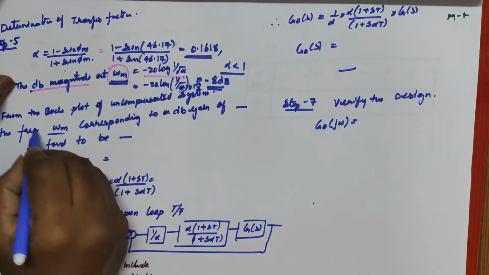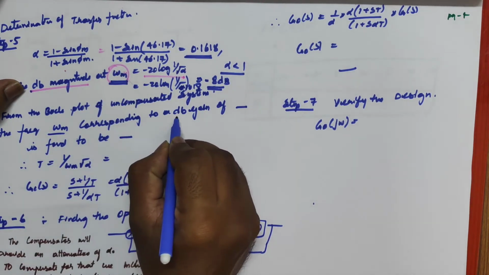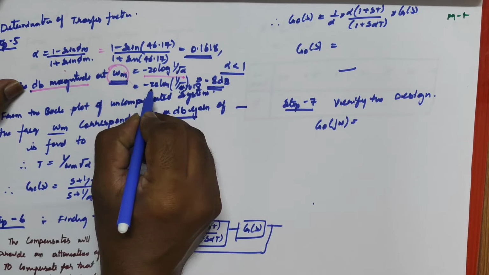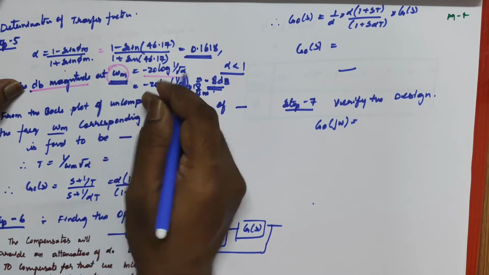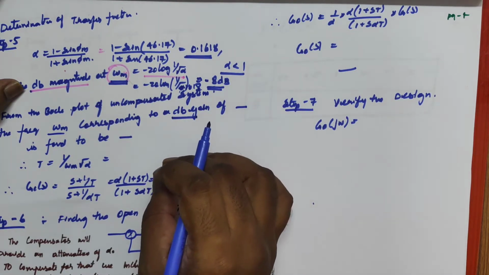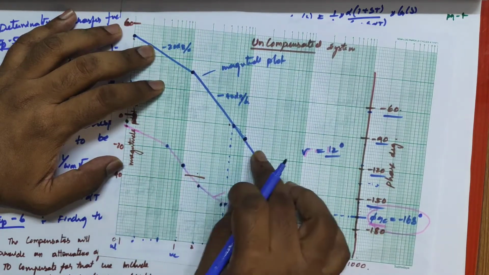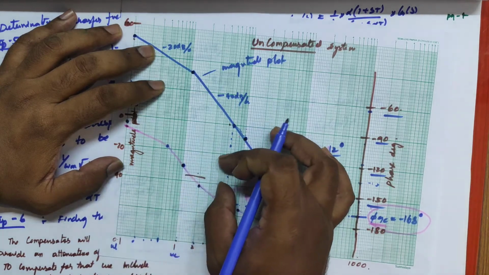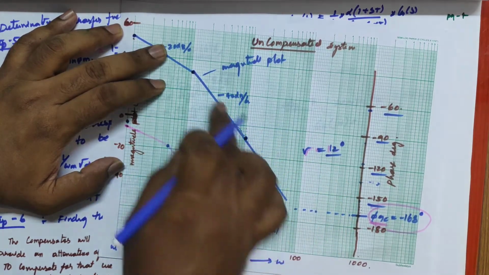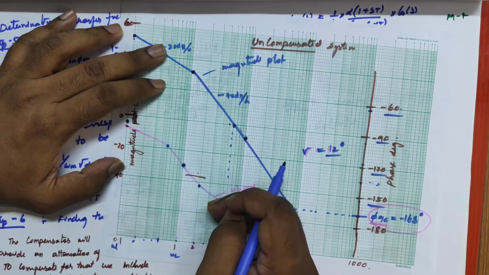So from the Bode plot of the uncompensated system, the frequency omega m corresponded to 20 dB. If you see carefully, we just adjusted plus 20 dB, plus 20 log, to minus 20. That means we are moving our lead compensator above. So we have a lead compensator here, and we'll improve the main system of region 1 by adding something.